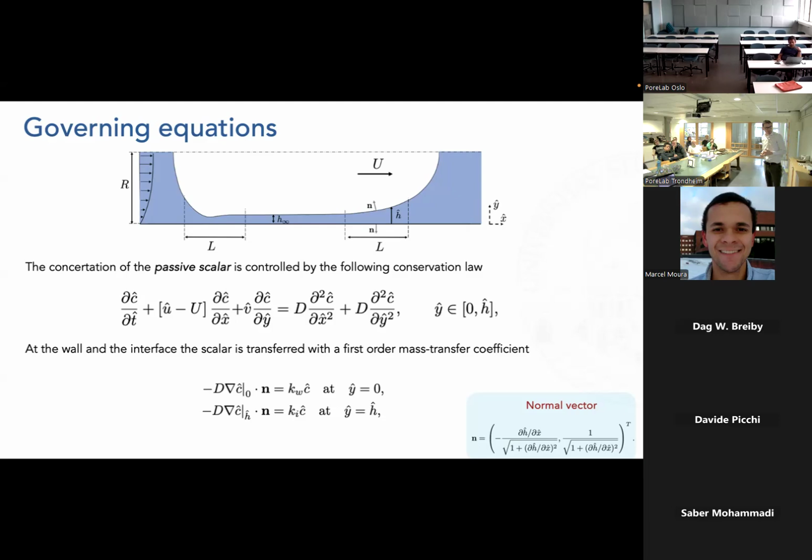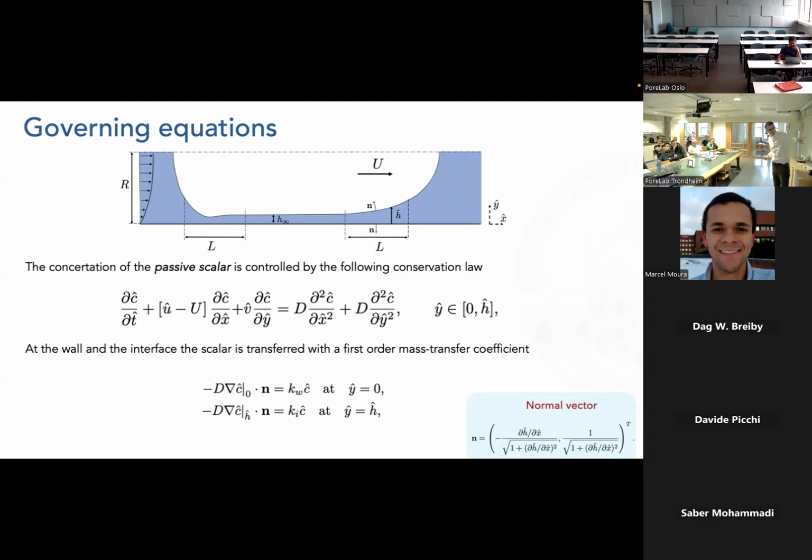About the boundary conditions, both at the wall and at the interface, we assume a mass transfer mechanism of the first kind. Alternatively, it's like a first order reaction. In this case, the flux is equal to K, a constant, which multiplies the concentration. So this is a classical boundary condition of the first kind.